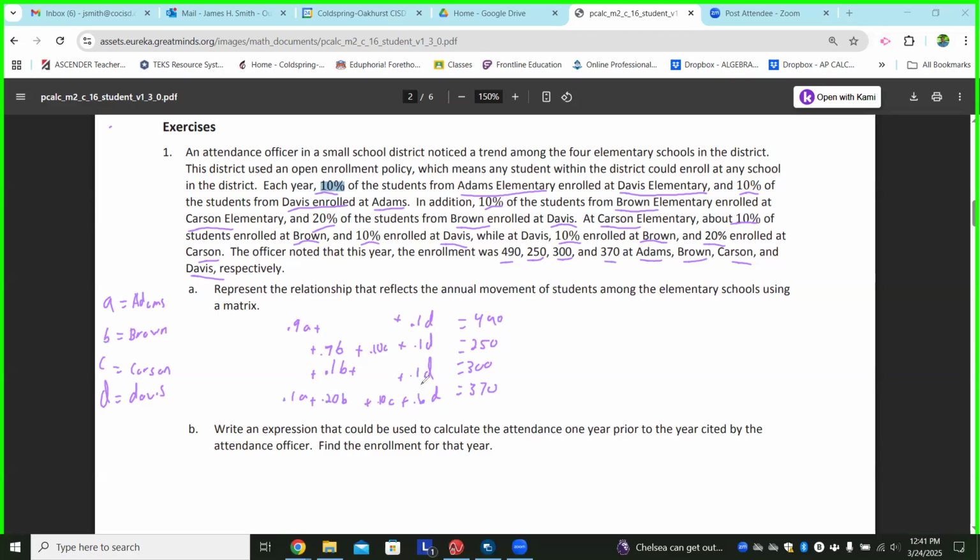I'm just lost on that last one. Where's that last number go? That's what I don't get. So it says while at Davis, 10% enrolled in Brown. I get that. But then it says then 20%. So that's another 20% taken away. Need to go to Carson. So does this become 0.3?